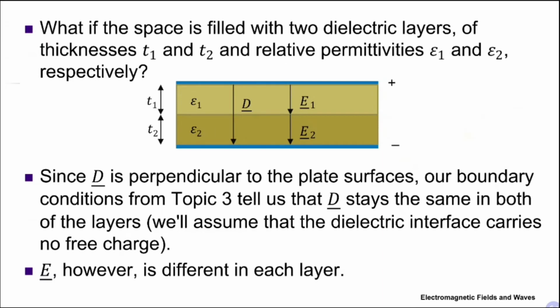So what happens if we have two layers of dielectric materials? Just now we had one dielectric material, epsilon 1 or epsilon R. Now we have two. So this is my conducting plate.